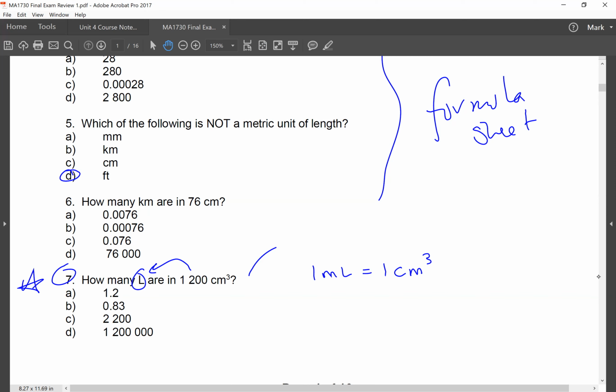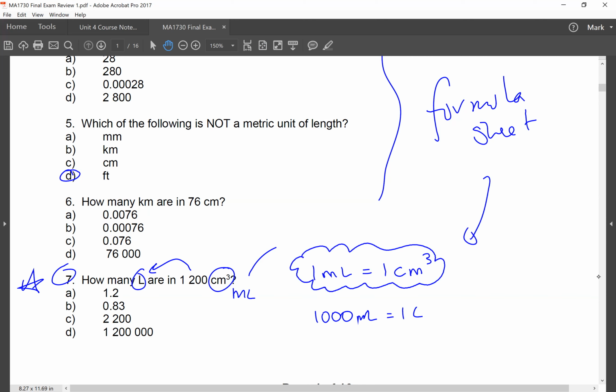So first you want to change this unit to milliliters, and then change it to liters. I know that there's 1,000 milliliters in 1 liter. I think this is on your formula sheet. Let me just check. I've got the formula sheet here. Oh yeah, no, this is on your formula sheet.